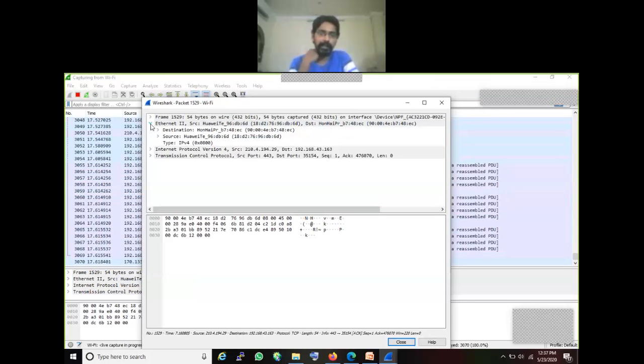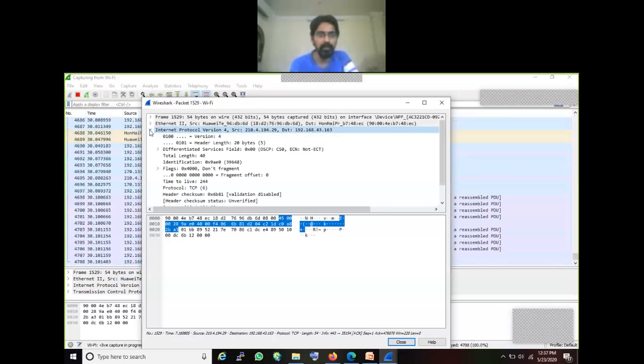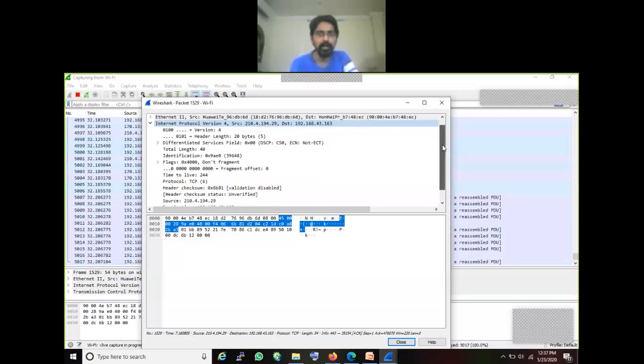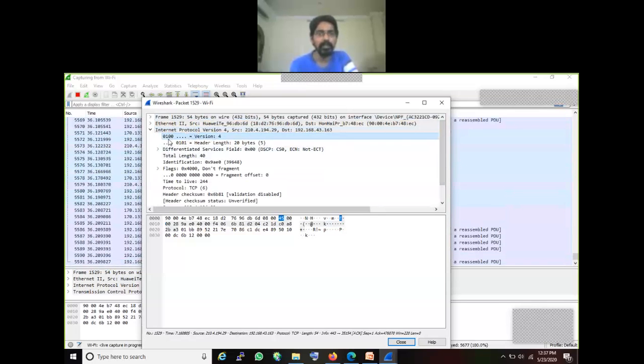Yesterday we observed an Ethernet frame, right? Now we need to identify the IPv4 part, which means Internet Protocol version 4. So open this one, Internet Protocol version 4. Observe. What is the first field? The version field. What is the number?